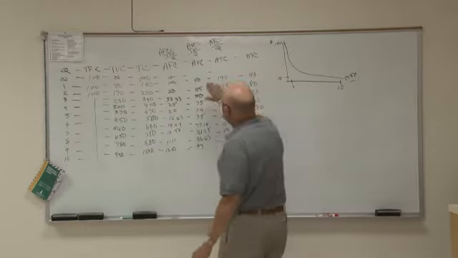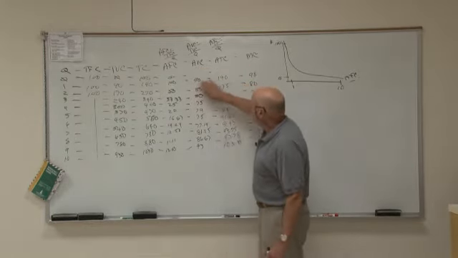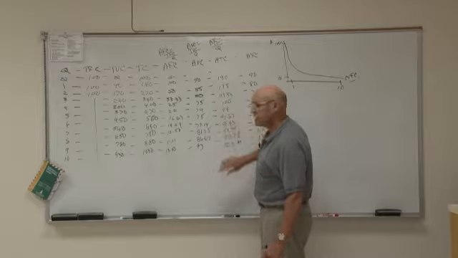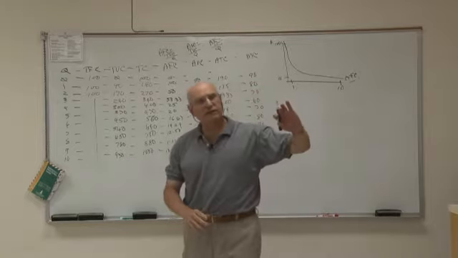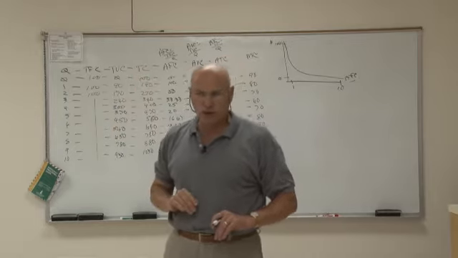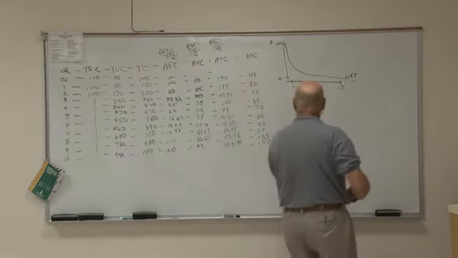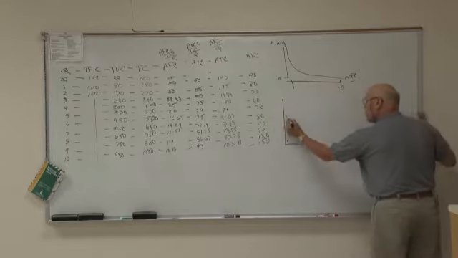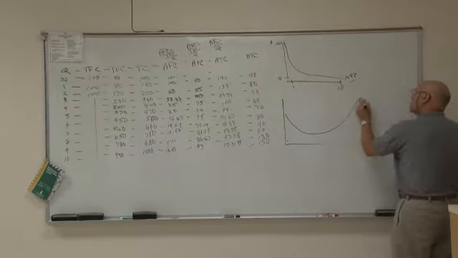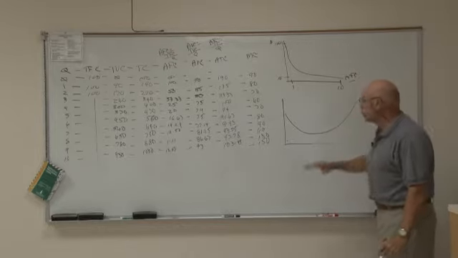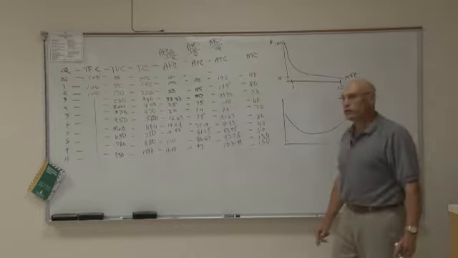If we take a look at my average variable cost, it goes from 90, 85, 80, 75, 74, 75, 77, 81. So therefore, my average variable costs decrease and then increase again. If we want to take a look at that on a graph, if we wanted to put a letter value to this, it would be U-shaped.